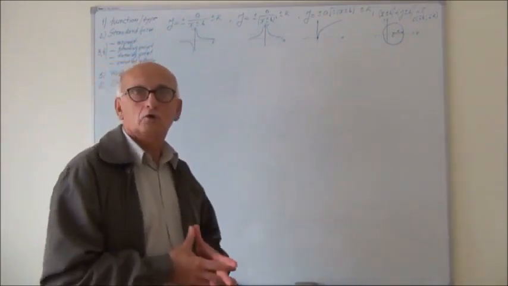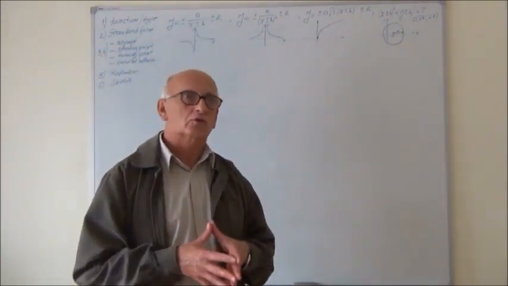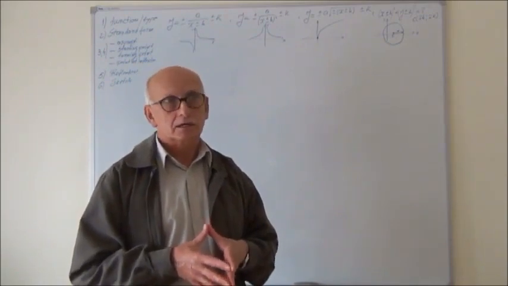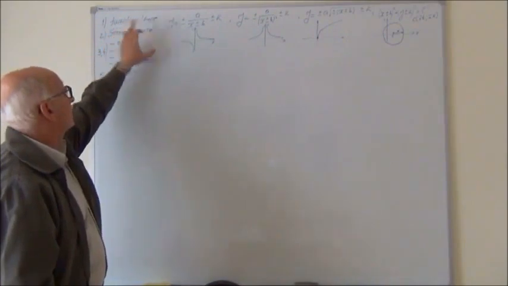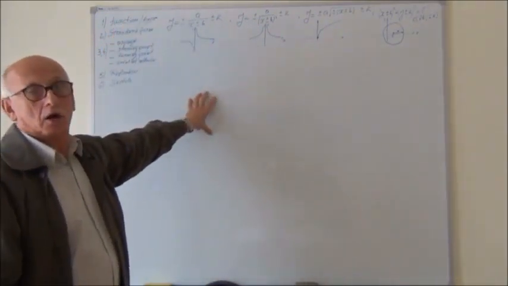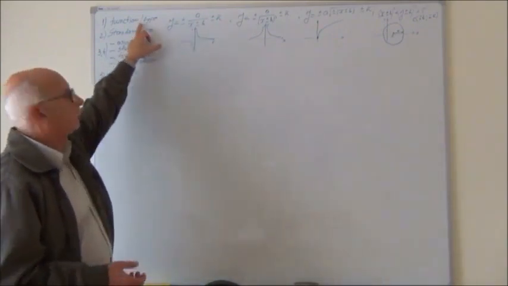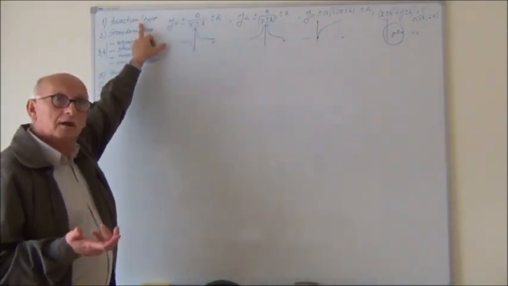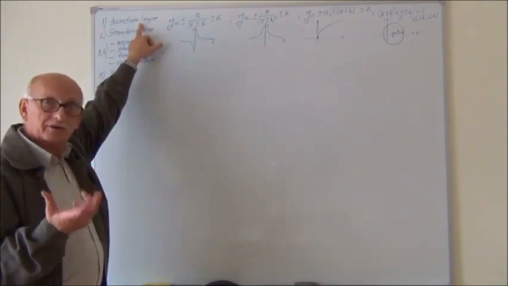Now, how to apply all of this? There must be some logic, some steps. Yes, there is. Whenever you have a question, always try to recognize what type of function it is. That should be our first step when we have a question to solve.